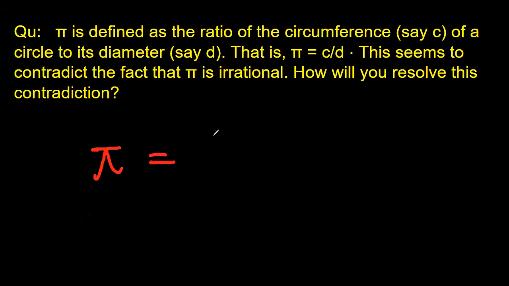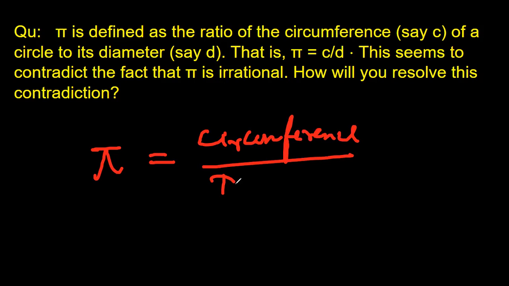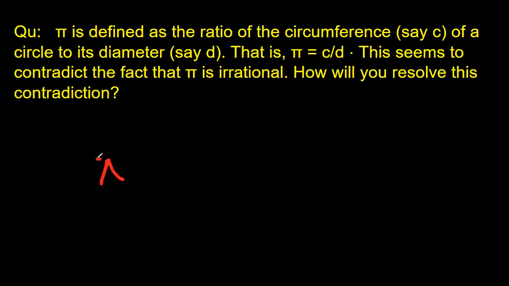Which is defined as circumference divided by diameter. Or we can say in short, pi is equal to C by D. As a formula, pi is equal to circumference by diameter.